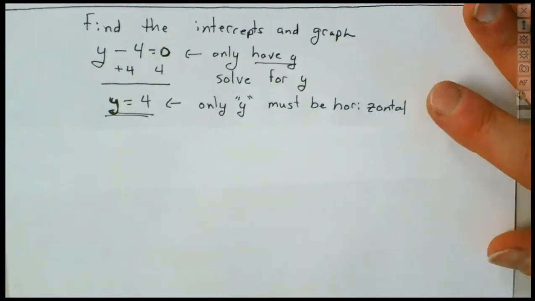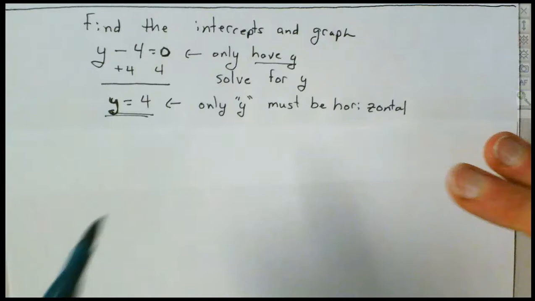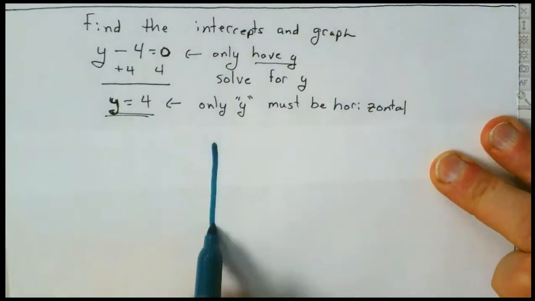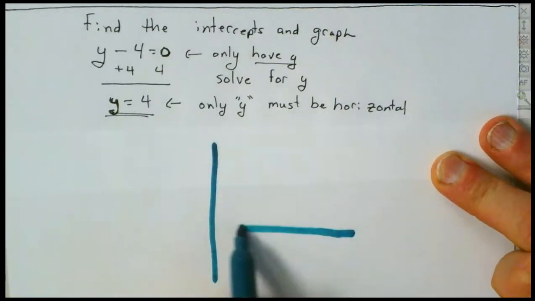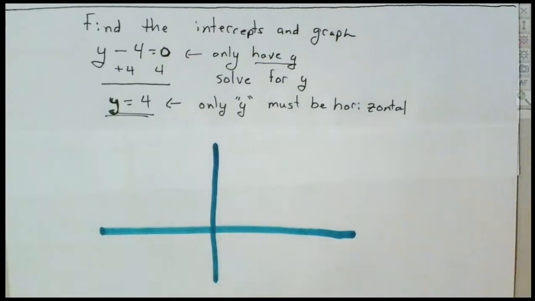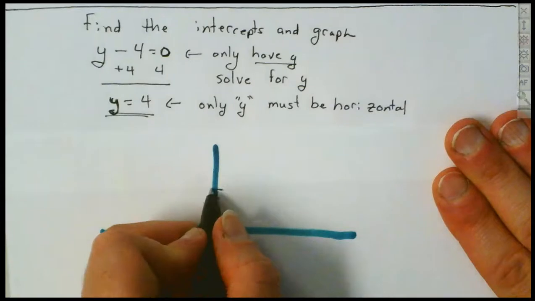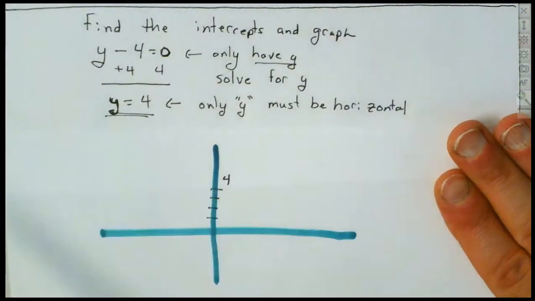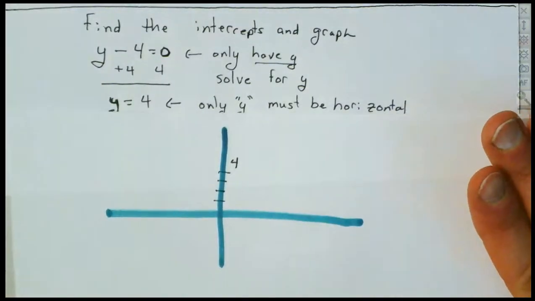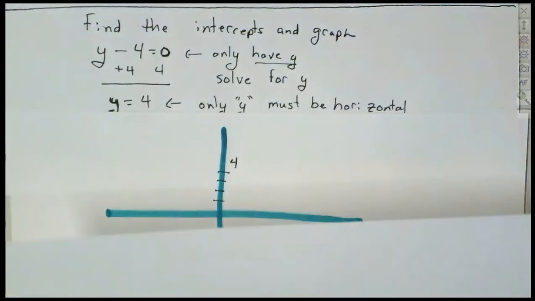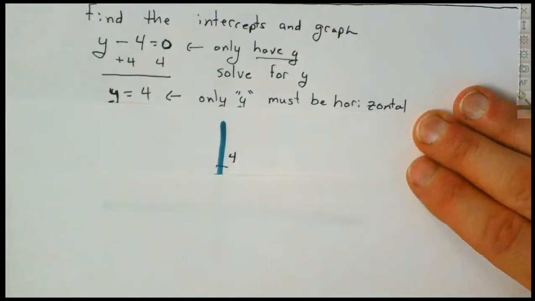Okay, so if it's only got a y value, it must be horizontal. How do we graph it? Well, we've got y equals 4. What does that mean? That means it crosses the y-axis at 4. We know because we only have a y value, it's going to be a horizontal line.